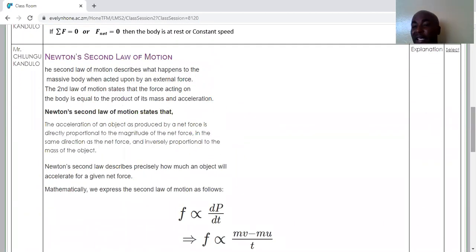There are so many statements on Newton's second law. The second law of motion describes what happens to a massive body when there is an external force. Remember, guys, the word external force is the one we called the net force in the first law.